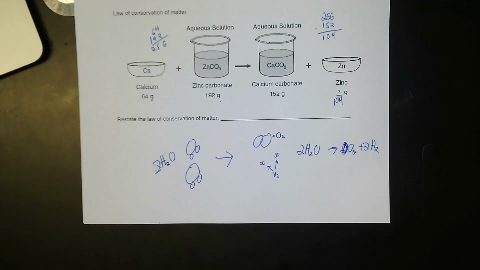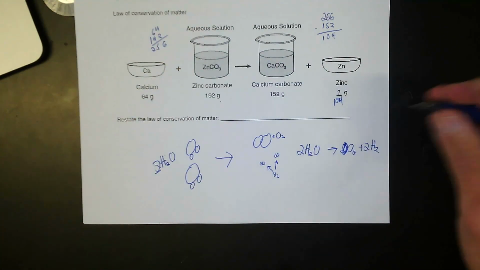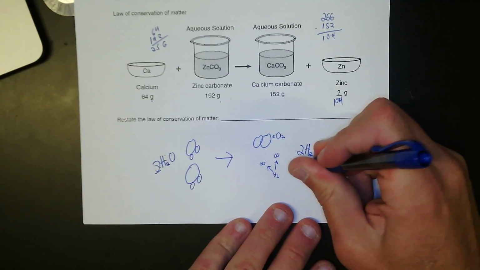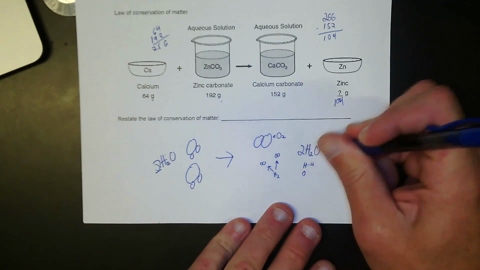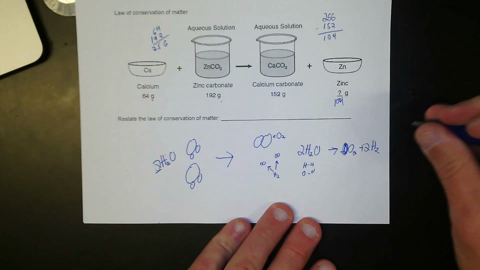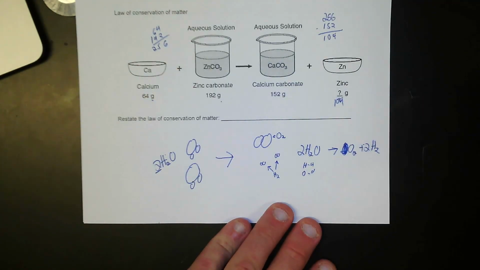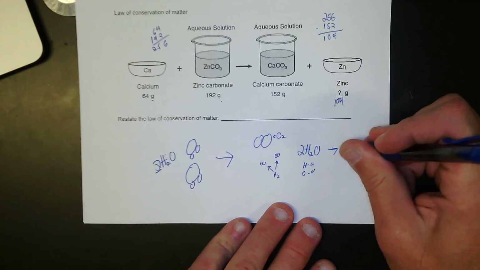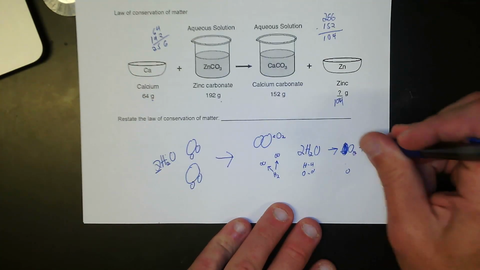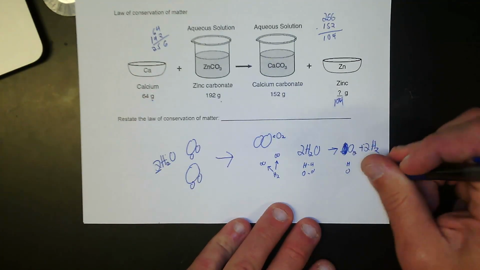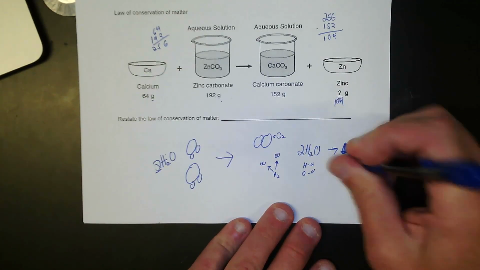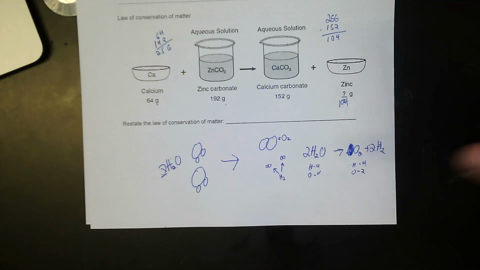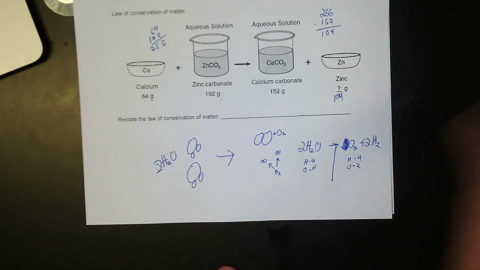Something like this, 2H2O. So let's go ahead and list all of the elements, H's and O's. I have 4 H's and I have 2 O's. So come over here, O2, sorry about that, I started to write that first. So let's list them all. I have O, I have H, I have O twice, I have H2 times 2 is 4. So I can prove out that reaction there.